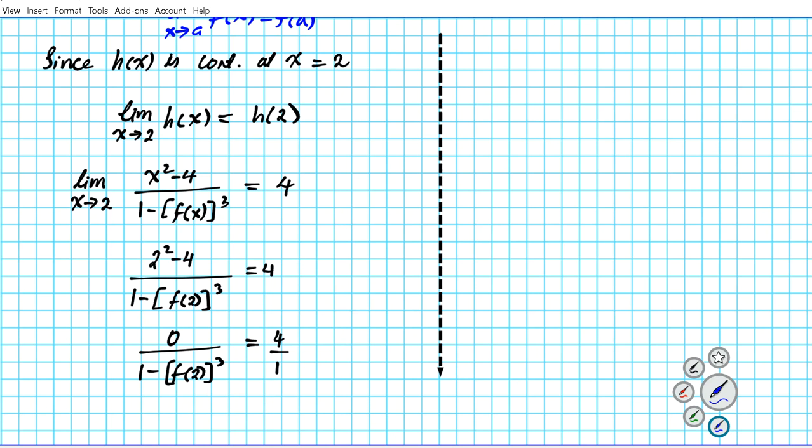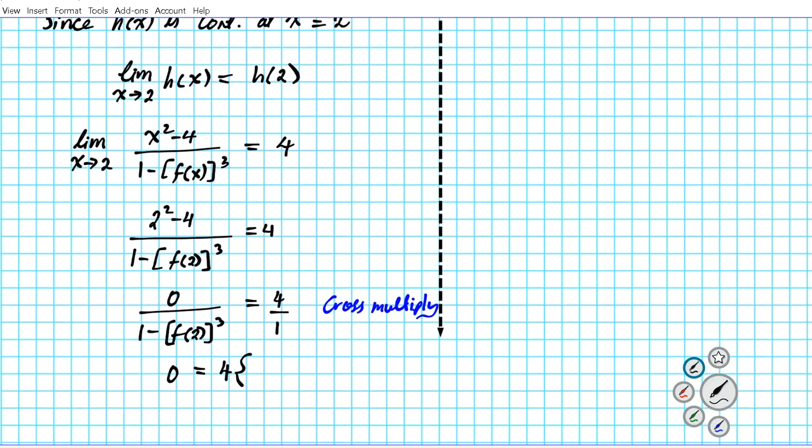When you cross multiply, you end up with 0 equals 4 times 1 minus f of 2 raised to the third power.